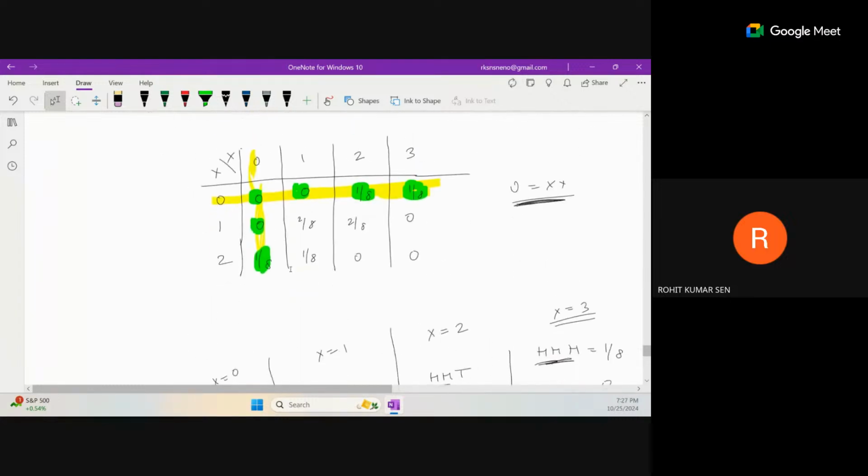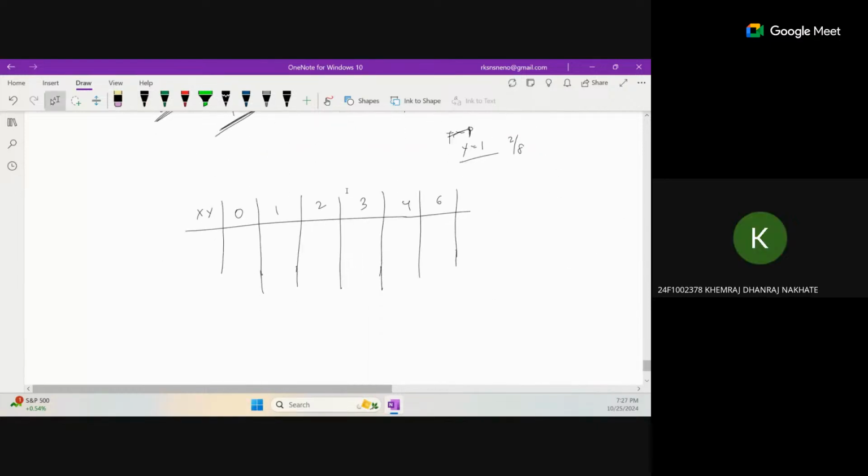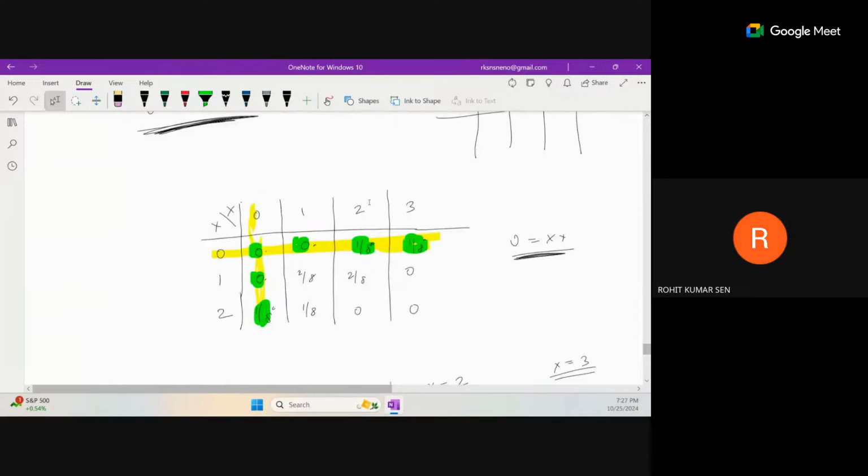So xy is equal to 0 has probability of what? We will add this value, this value, this value, this value, this value. So the total summation is 3 by 8. xy is equal to 1 is only possible when your x is 1 and your y is 1, right?